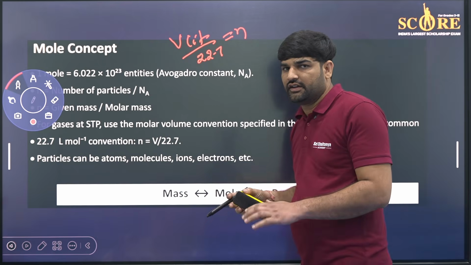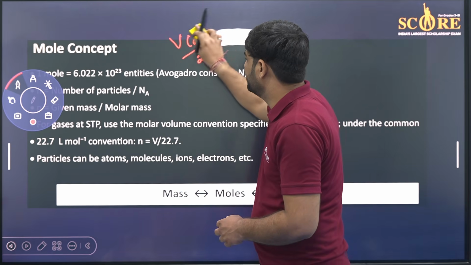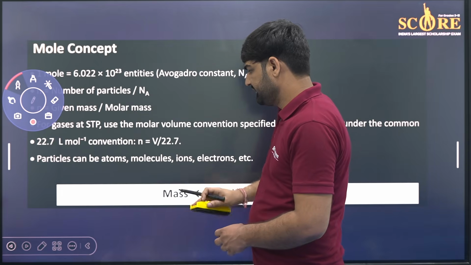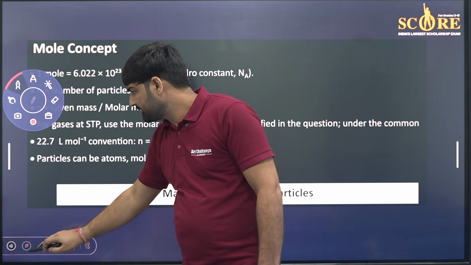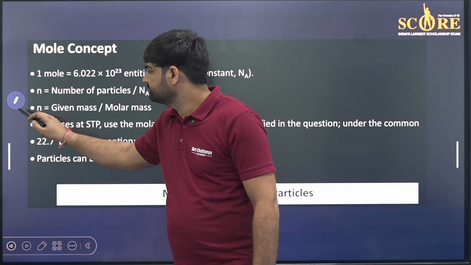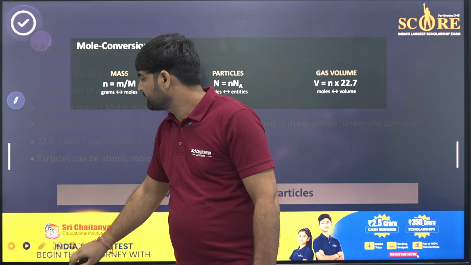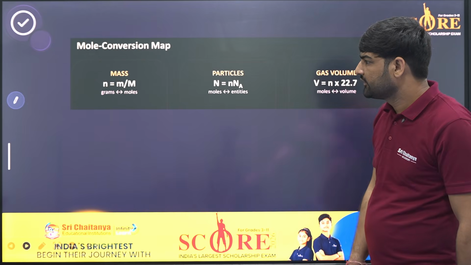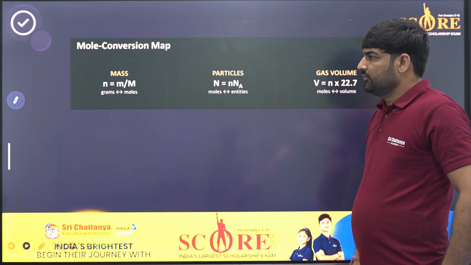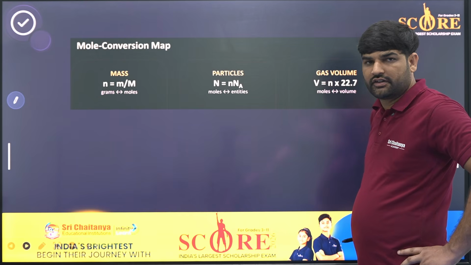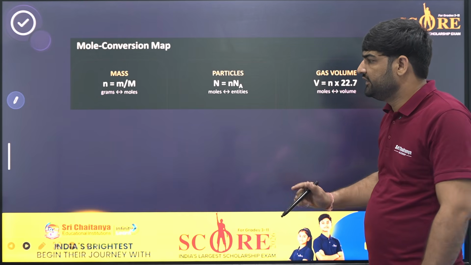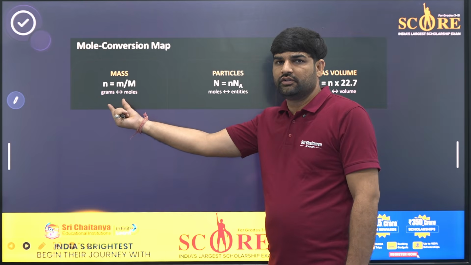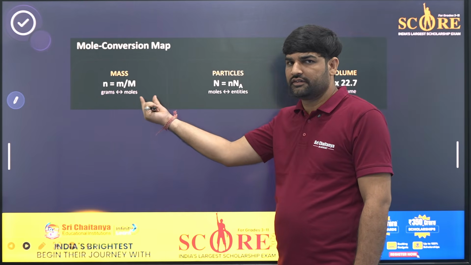So we will connect these formulas together. So let's see. These 3 formulas are on the screen. Mole is given mass divided by molar mass. And this formula will be used to convert mass into moles.